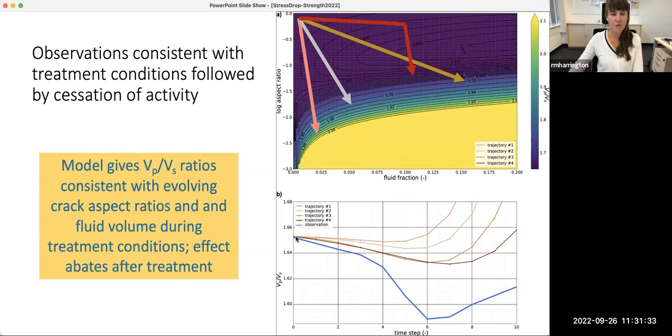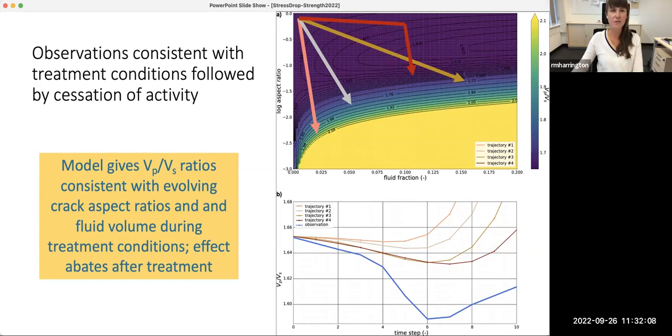What I'm showing on the bottom is the measured VP-VS ratio with this blue solid line, and then these different trajectories of what could happen according to how we might expect things to proceed within a hydraulic fracturing treatment. When we get to this dark brown color, corresponding to this red curve, we're getting closer and closer to a physically consistent model with the VP-VS values that we observe.